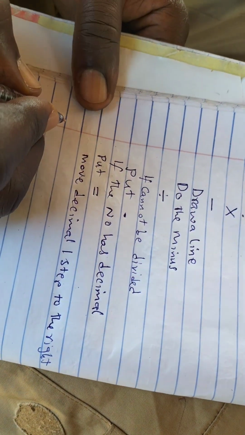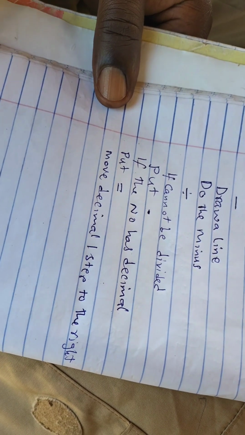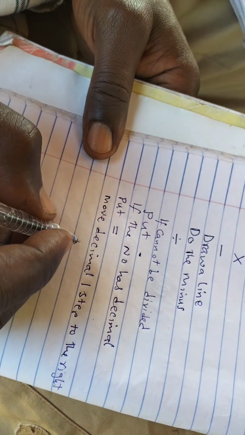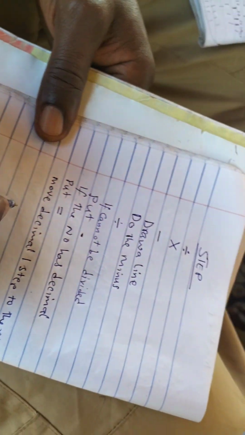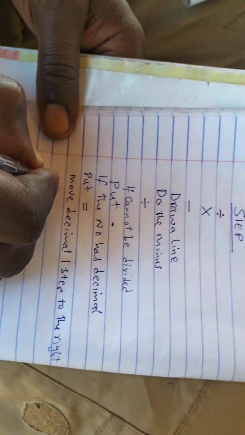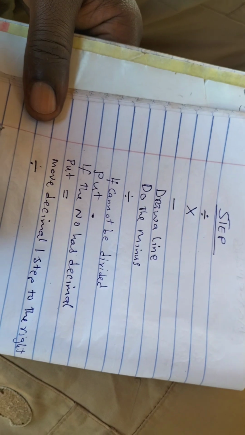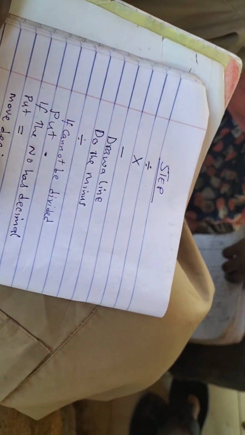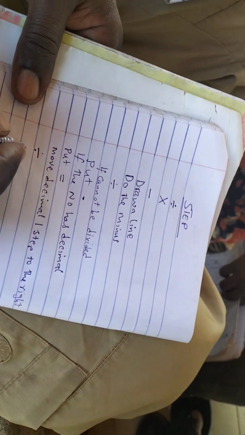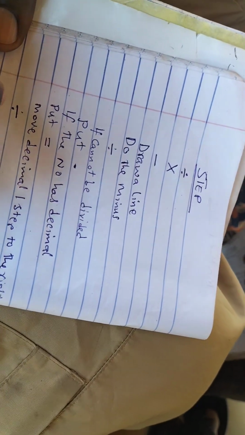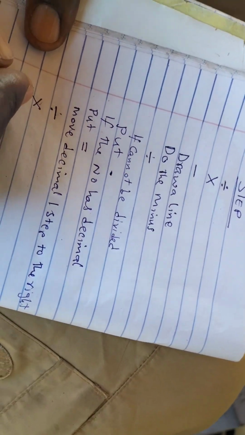Okay? And what do you do next? Once you have moved it one step to the right, you divide it. Then when you finally successfully divide, you multiply. Okay?